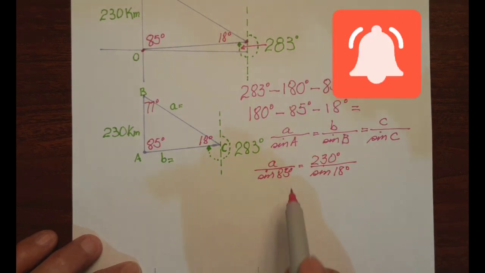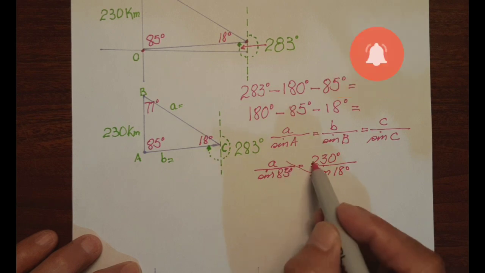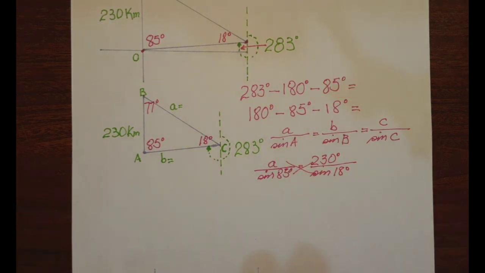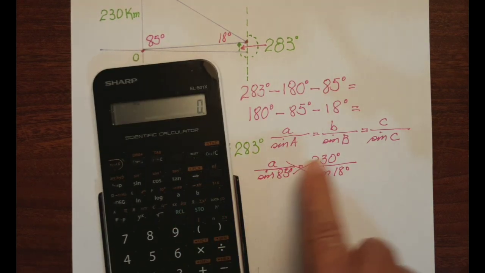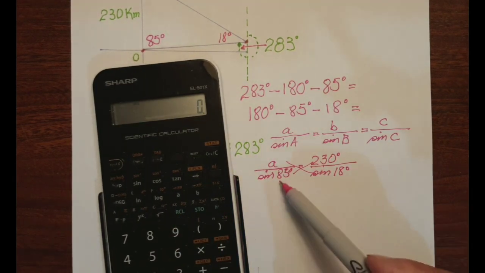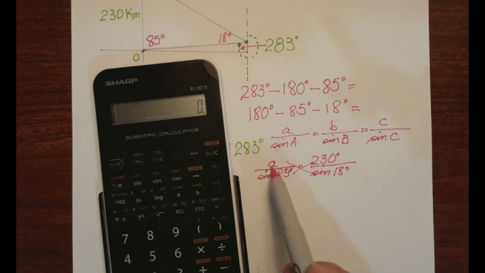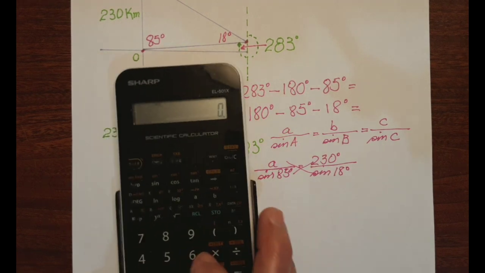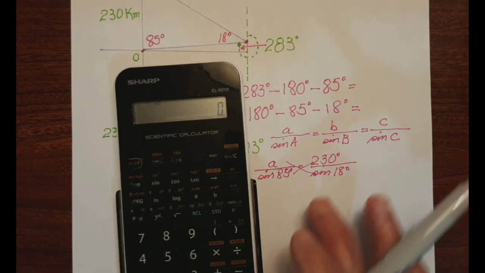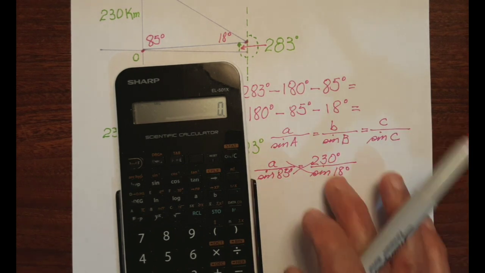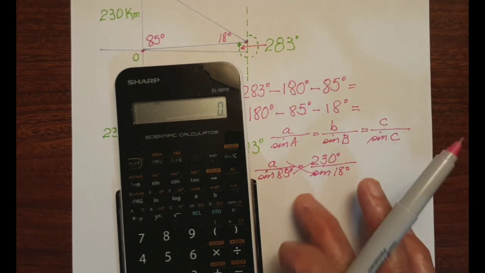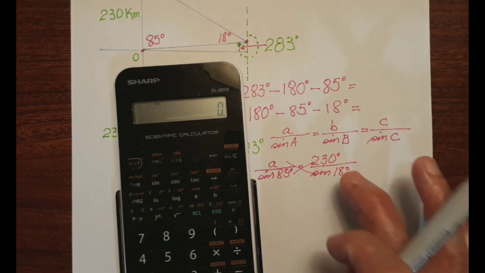Now we have an equation. We cross multiply. This times this times this, and then divided by this. If we isolate A, it's gonna be this times this divided by this.